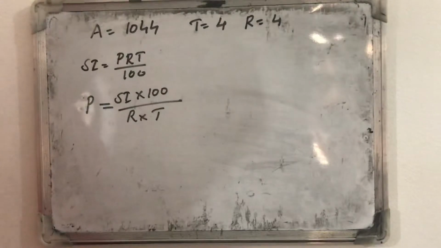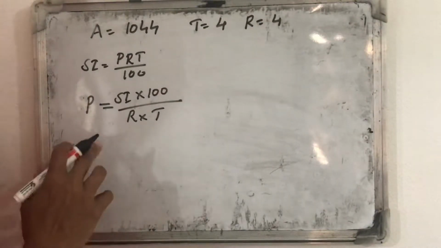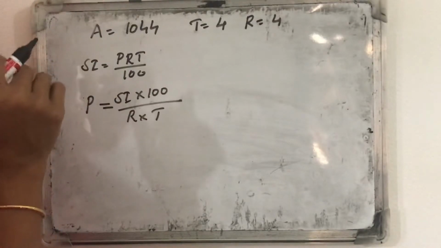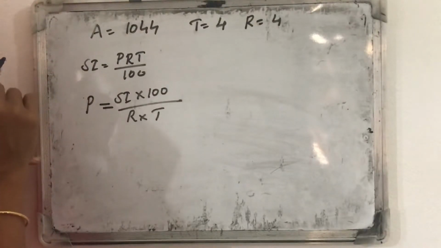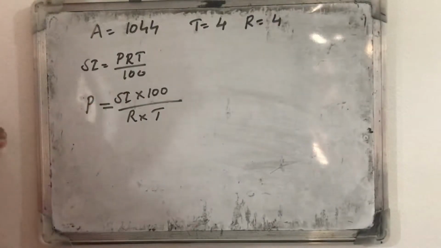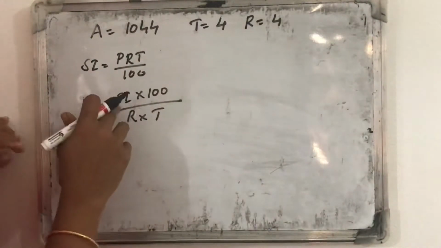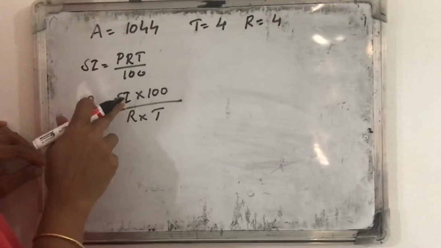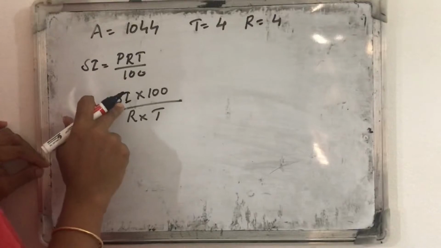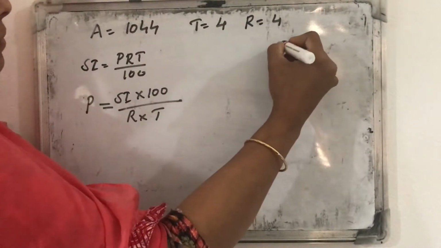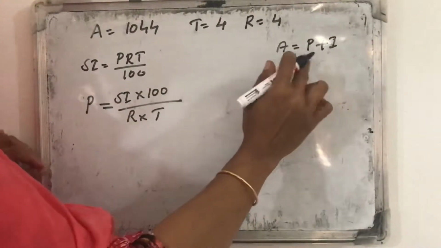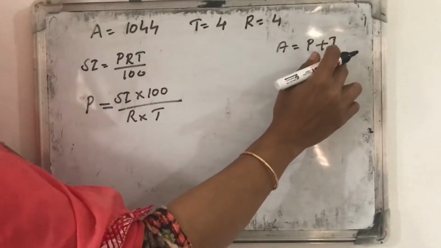Okay, R into T. So here we know the principal, and we get it from the amount when we subtract. Instead of simple interest, we can substitute amount minus P. We know A is equal to P plus I: amount is equal to principal plus simple interest.